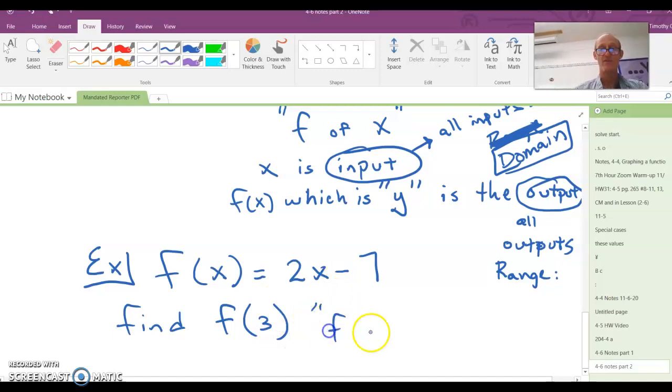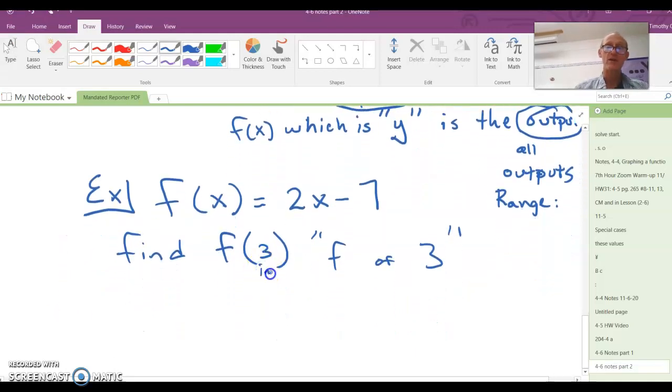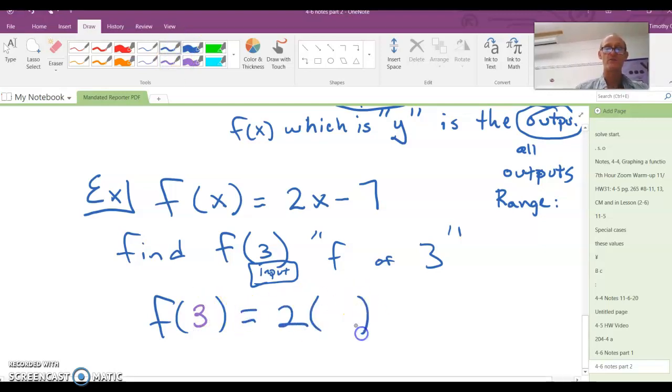So this is f of 3. The input is 3, but we don't know the output yet, so we've got to put it in. So f of 3 equals 2 times 3 minus 7, and that's negative 1.